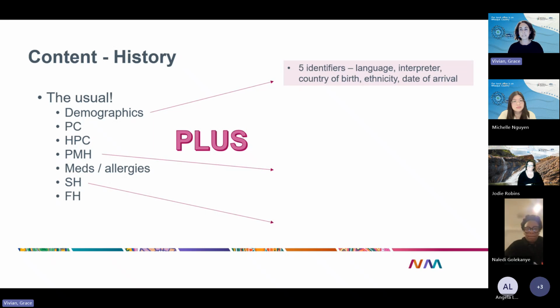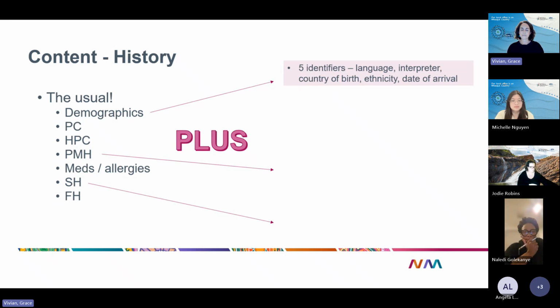Date of arrival, really important from an MBS health assessment perspective, as we've talked about. Need for an interpreter. If this is really obvious and visual to you on your practice software, you know that you can prepare for the subsequent visits with greater ease. So hopefully that makes sense.